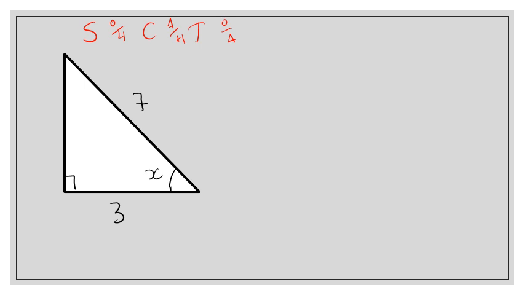So we've got this question here, really similar to the questions we've done for finding missing sides. First step is to label our sides. So we've got my opposite, my adjacent, and my hypotenuse. I'm not using my opposite, so I cross that one out. I'm using A and H, so I'm going to be using cos. So I write down cos of my angle is x, equals 3 divided by 7.